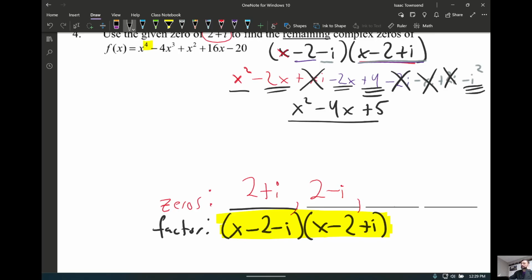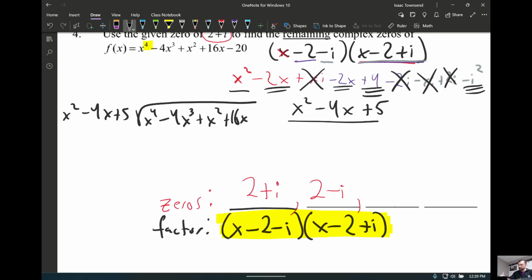So to find these last two zeros, now we're finally getting somewhere. If I divide out that quadratic, I'm going to erase some of this to give myself more room.